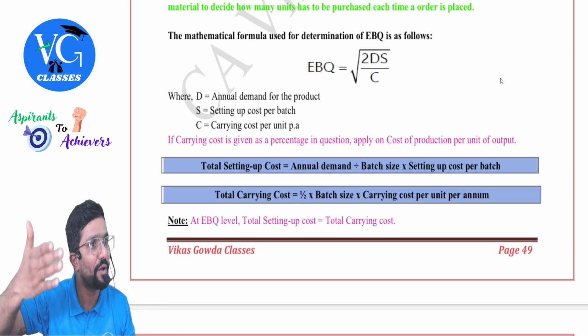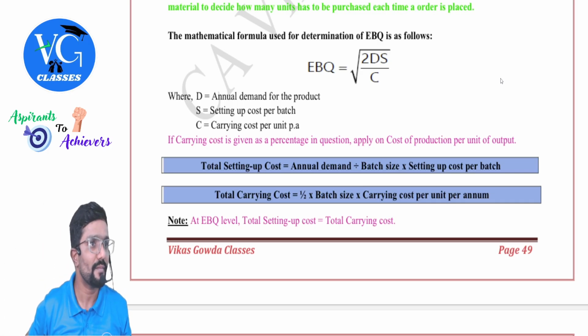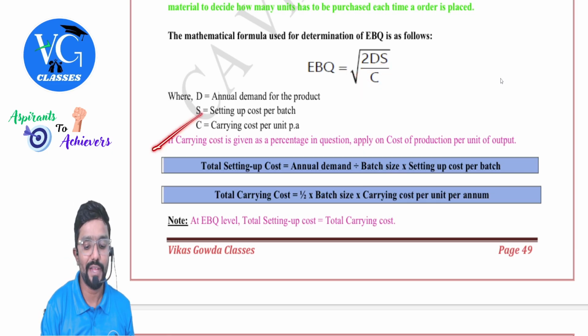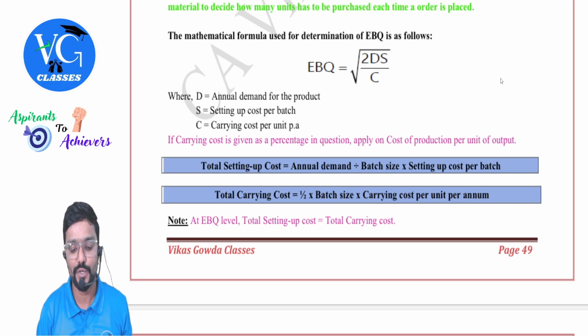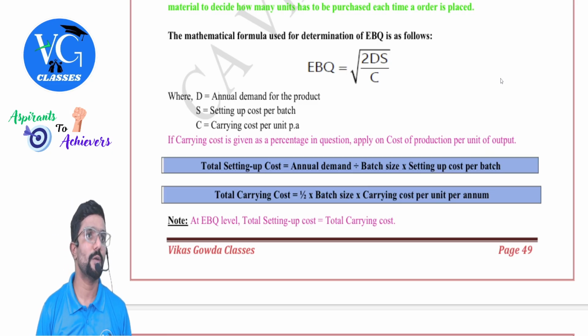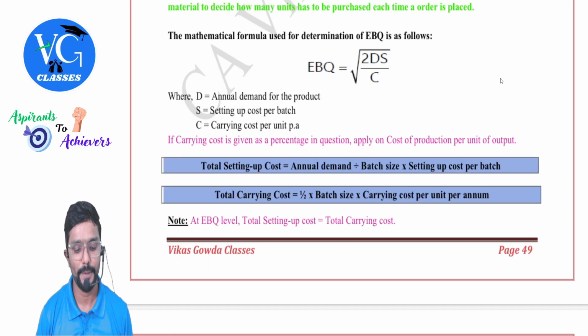Because I have to take care of it properly. Even if a few units are lost, it is a huge loss for me. Clear? Yes. So the carrying cost directly depends on the cost of production of the product. So if carrying cost is given as a percentage in the question, apply it on cost of production per unit of output, not on purchase price. Please be careful. Here we are calculating it for output.